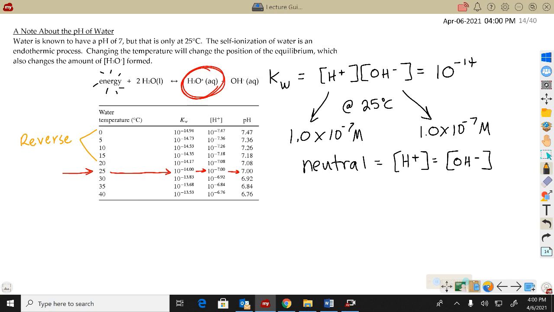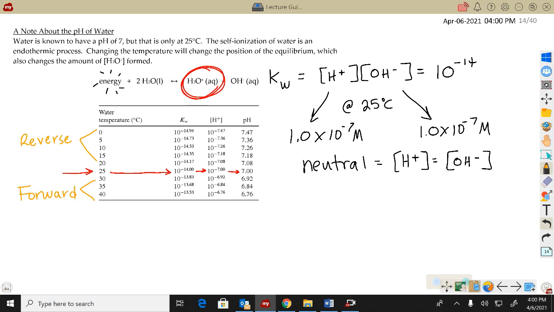The pH of water is not always 7 because the concentration of hydrogen is not always 10 to the negative 7th. Look what happens down here. If I'm increasing the temperature above 25 degrees, now that's more energy, so I'm going to shift more forward.